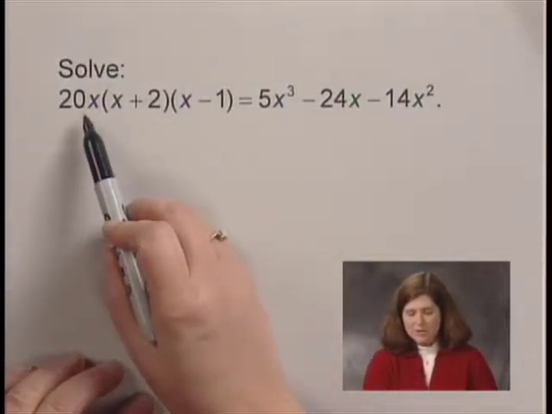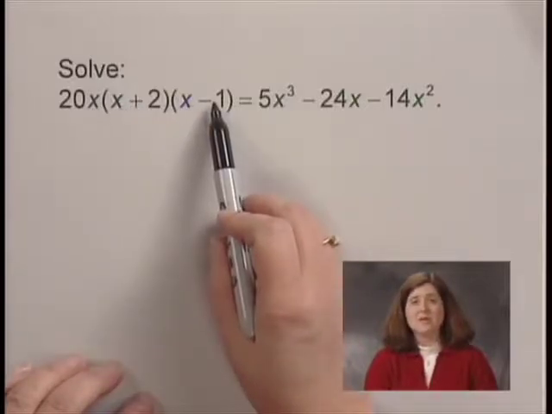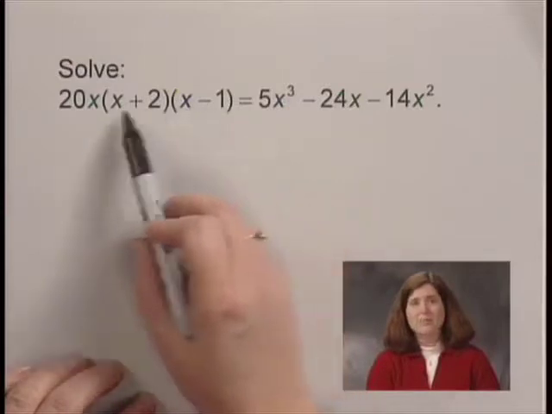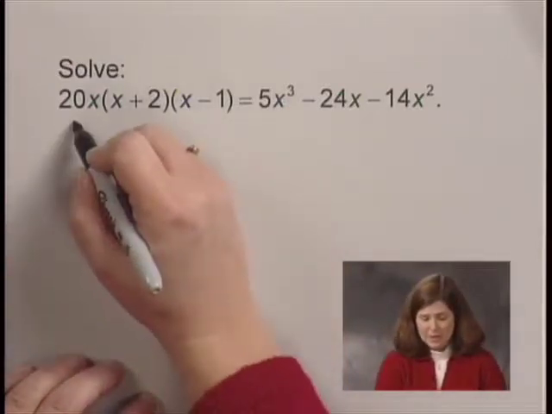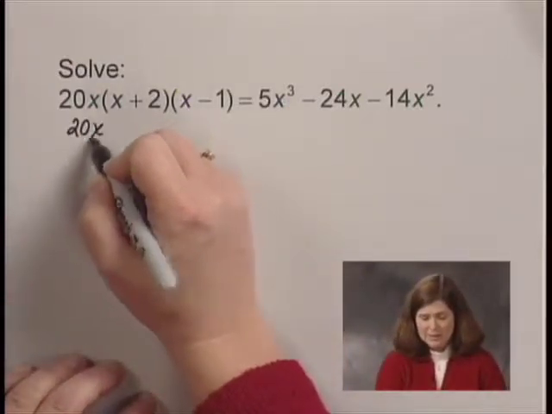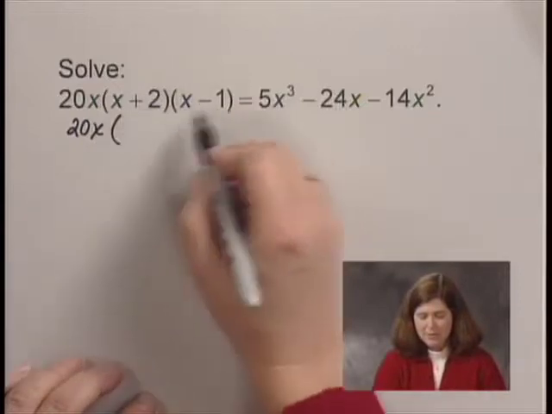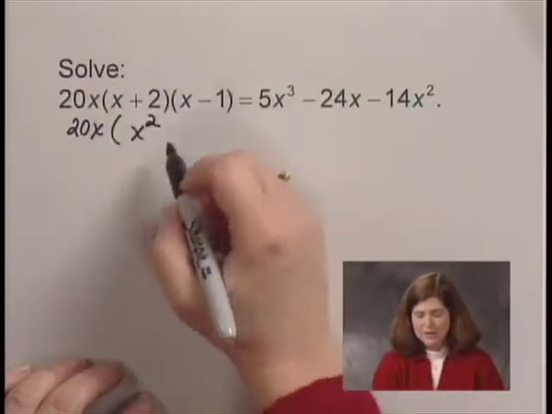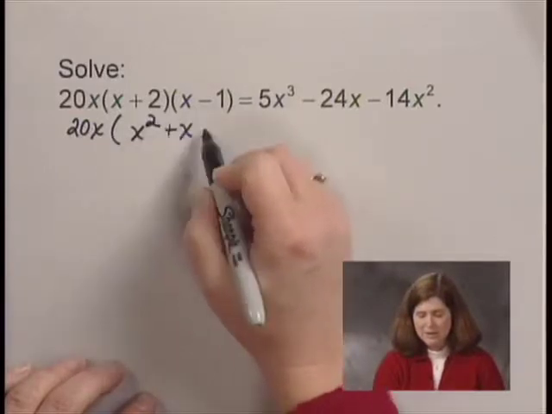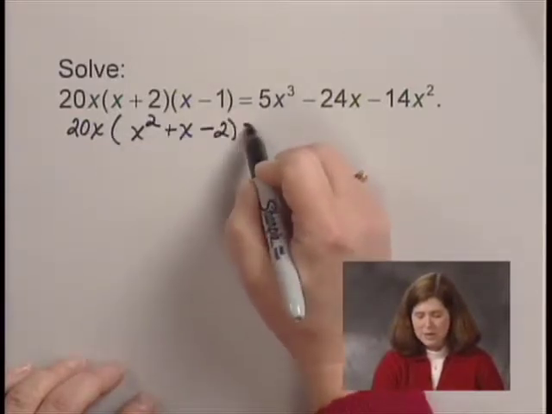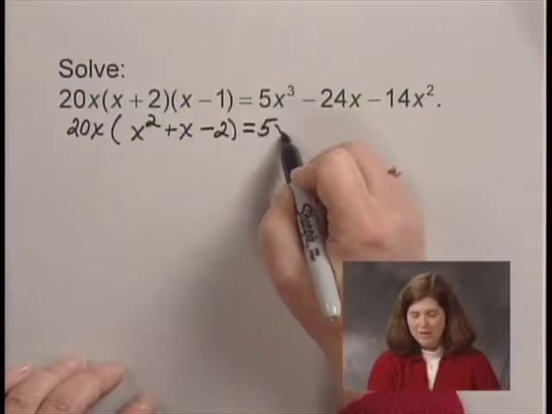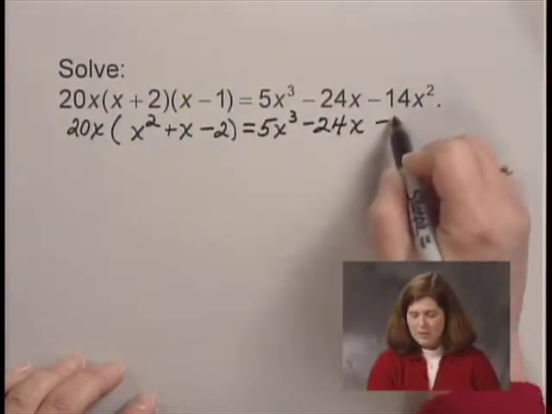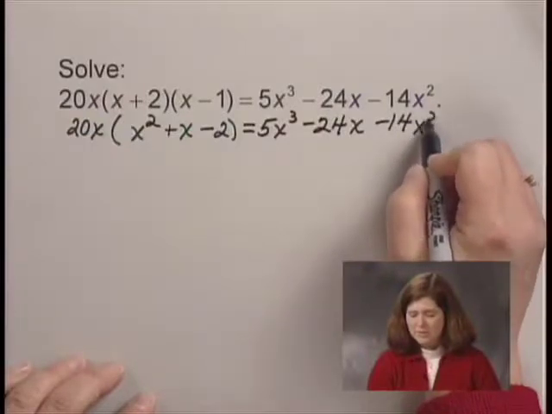So I'm going to want to multiply this out first in order to be able to combine some like terms. I'll start by multiplying the binomials. I would have 20x times, multiplying, x squared plus 2x minus x gives me plus x minus 2, equals, I'm going to go ahead and copy down the rest of the problem, minus 14x squared.